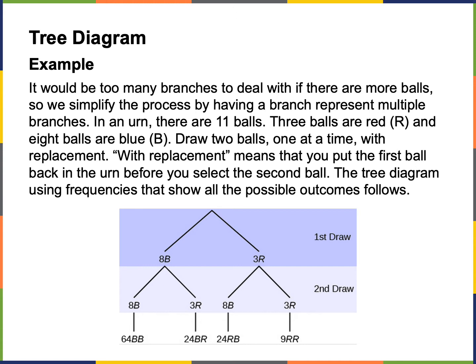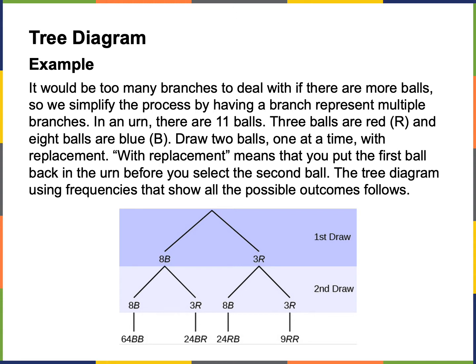Out of those 8B, if you replace it again, you're going to have the same choice again and the same choice again. So instead of drawing all these different possibilities, you would multiply the branches so that you could get the total number here.